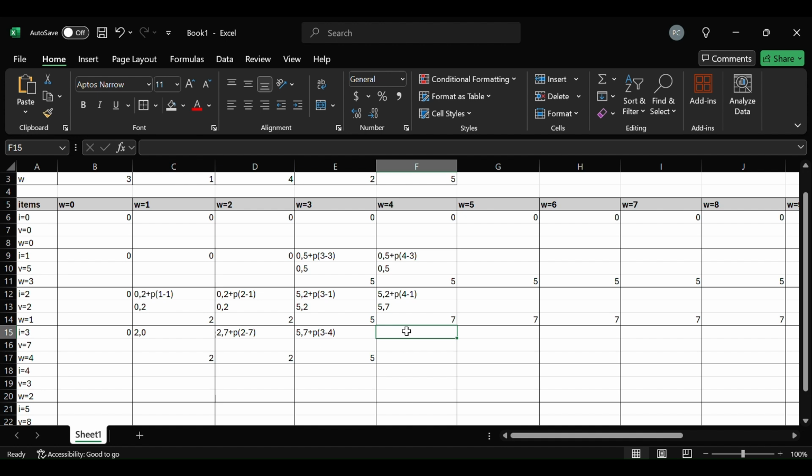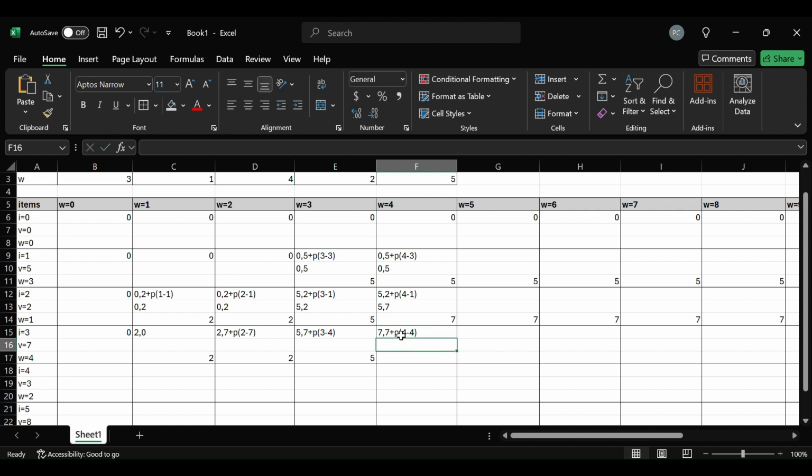Now here, we have to decide: did not pick up is 7, or pick up is 7 plus the profit of the remainder, 4 minus 4 is 0.